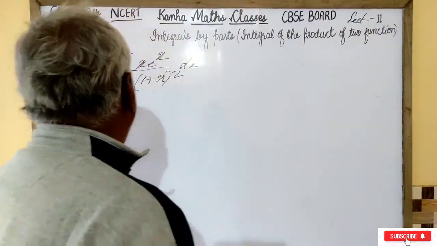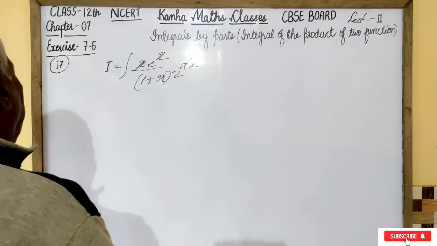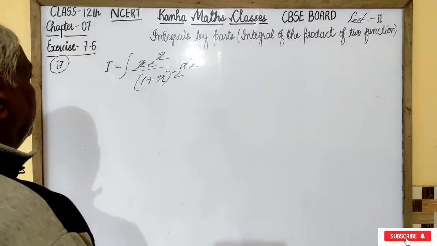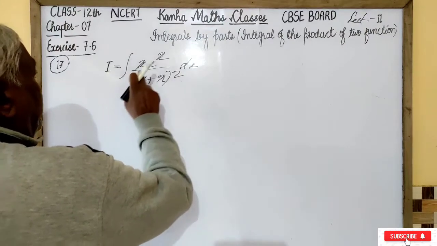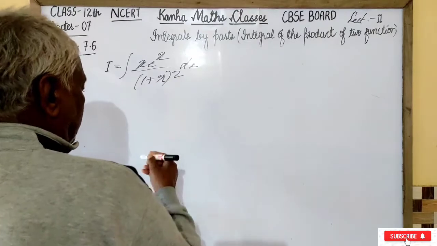Now, in connection with the previous question, we will try to integrate the next question, that is question number 17, I is equal to integral of x e^x upon (1 plus x) whole square dx.